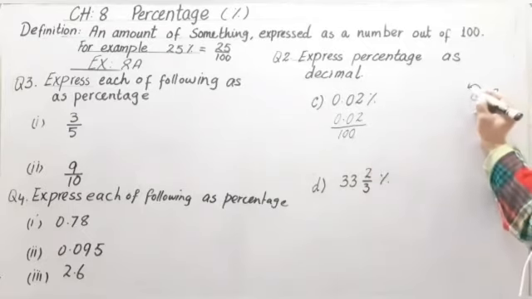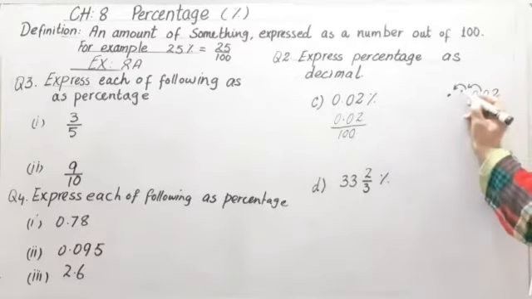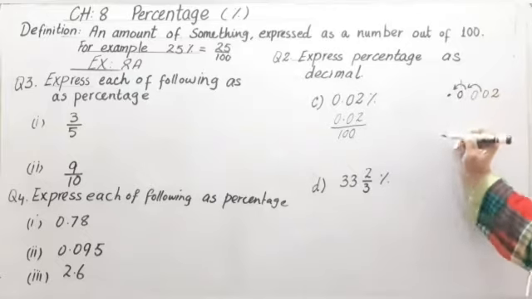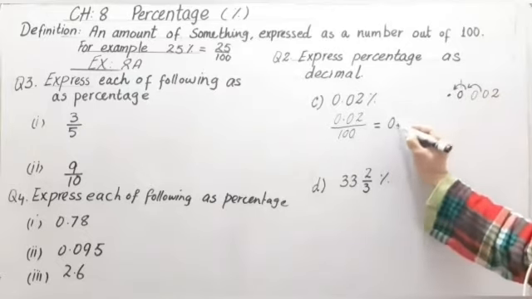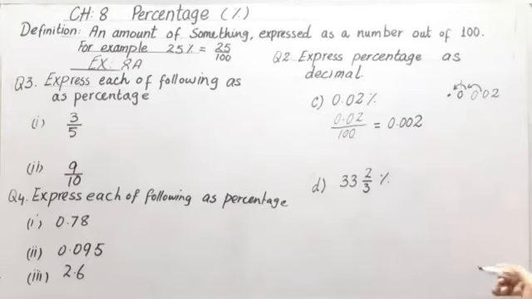It has 2 zeros, so our point moves two places, and in the blank places we put 0, and it will be 0.002. In this way we do the question.